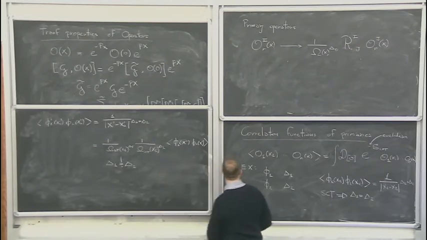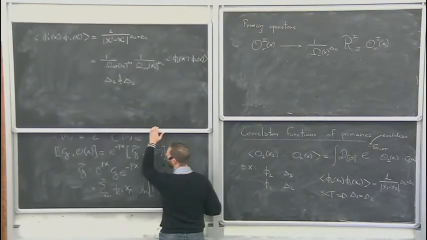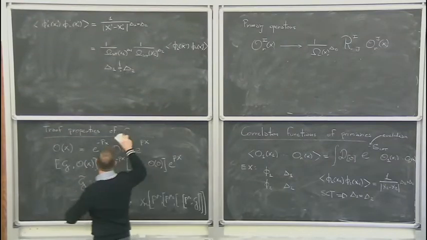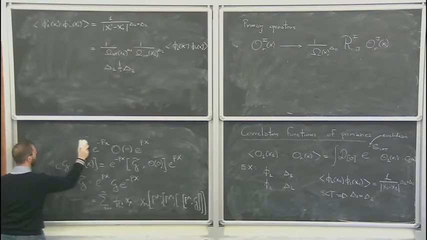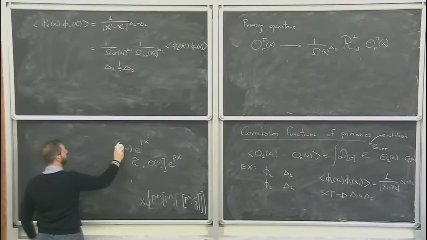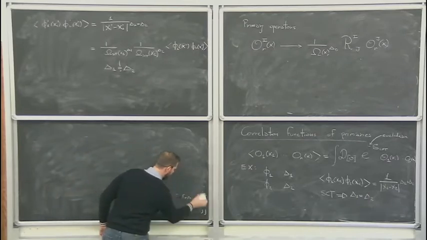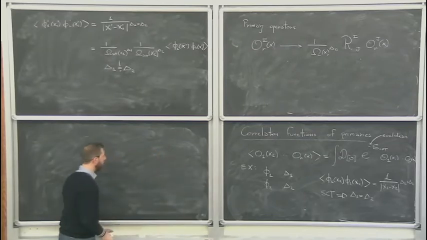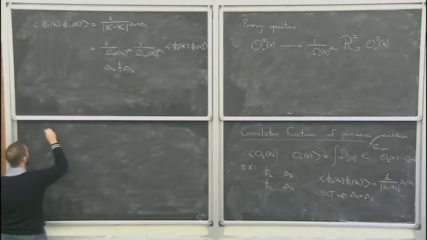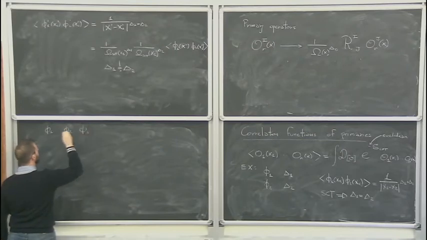Just an example. Let me show you the form of the three-point function. So suppose now you have three fields, phi 1, phi 2, and phi 3, each of them at their own point.